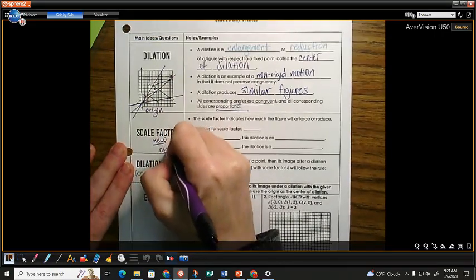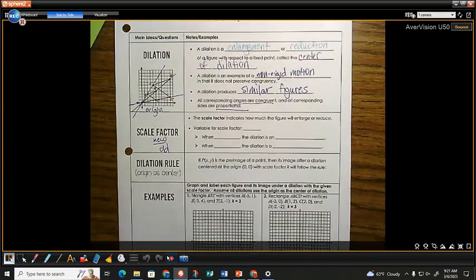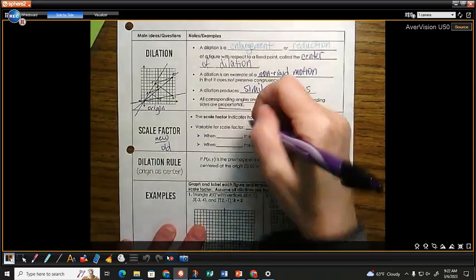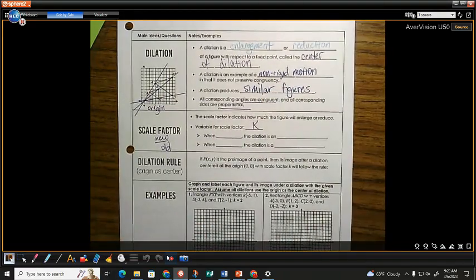It's new over old. You're going to have to remember how to do that today. And guess what letter we're going to give the scale factor? K. We keep using H and K, so we might as well use K.